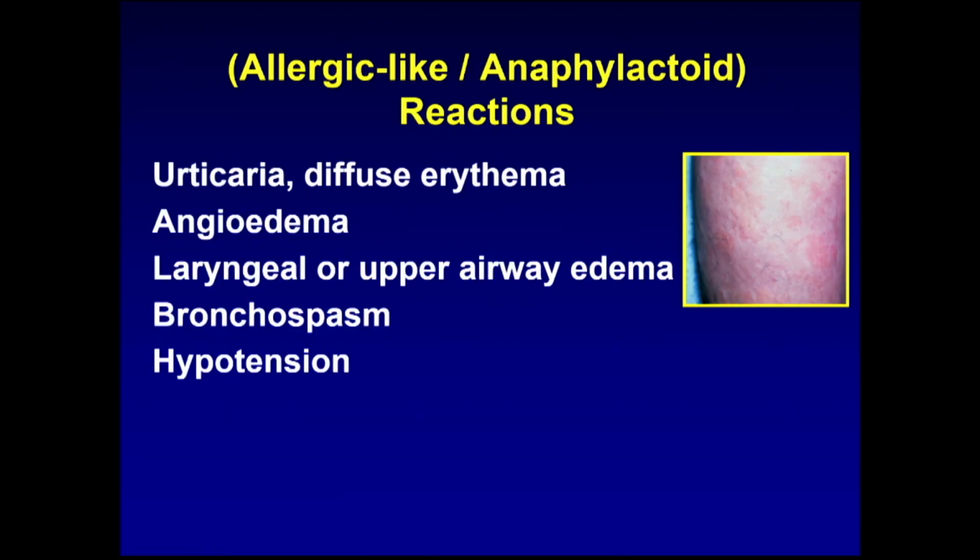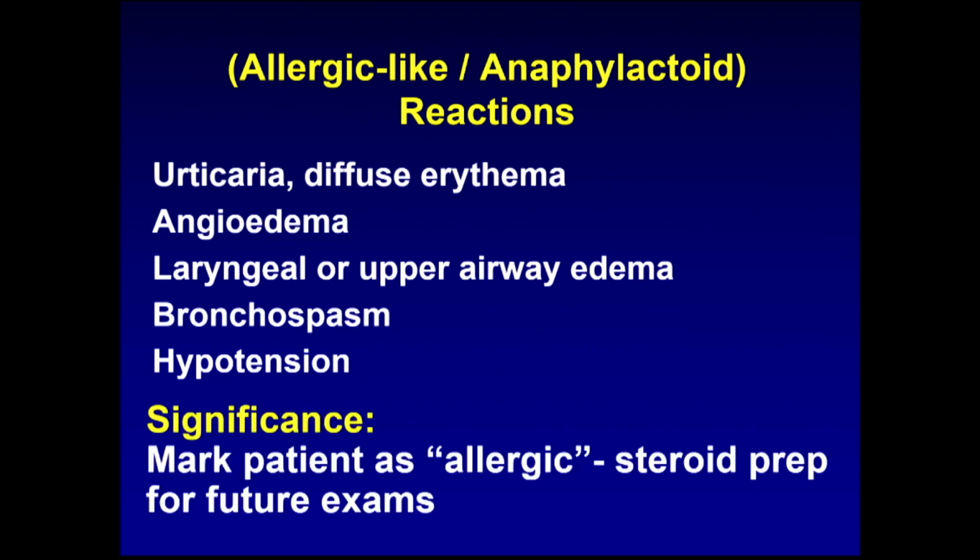So many patients who do develop these reactions will have urticaria, diffuse rashes. They may develop laryngeal or upper airway edema, bronchospasm. It's a pretty frightening thing to have happen when it does, hypotension. So whenever we inject contrast, we do watch these patients, but as I said, reactions are very unusual.